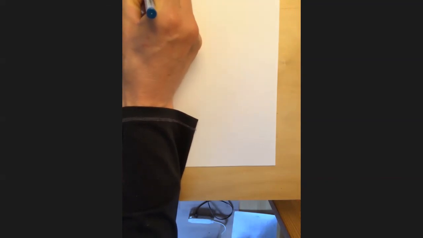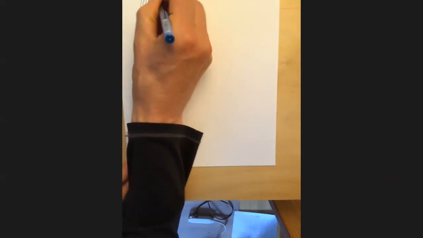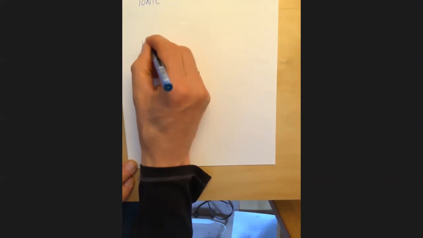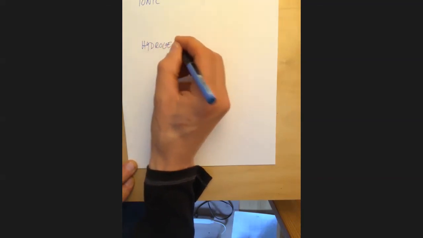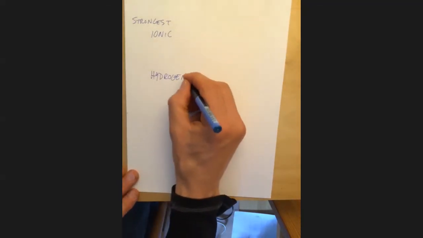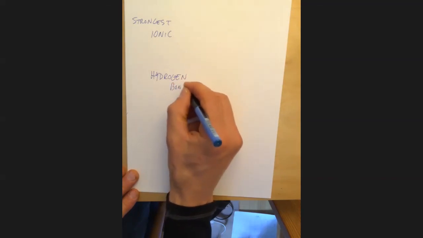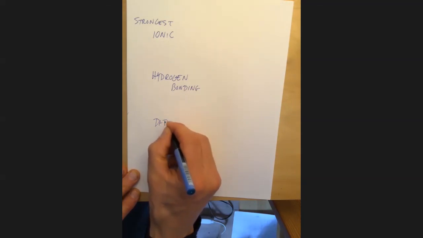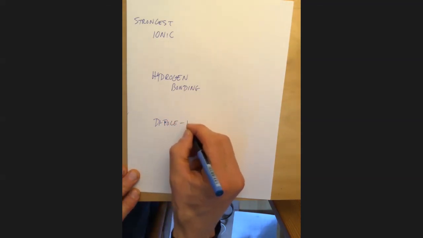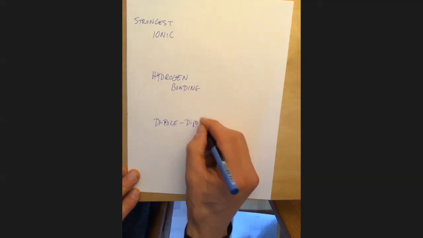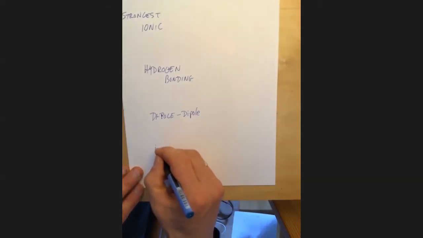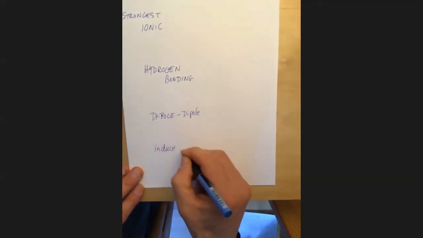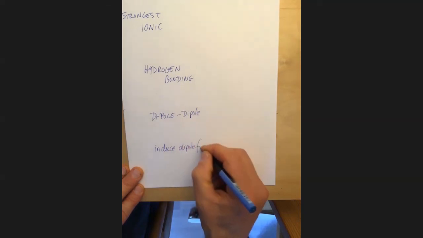So our order of strongest to weakest: ionic bonding, hydrogen bonding, dipole-dipole forces, and then induced dipole forces.